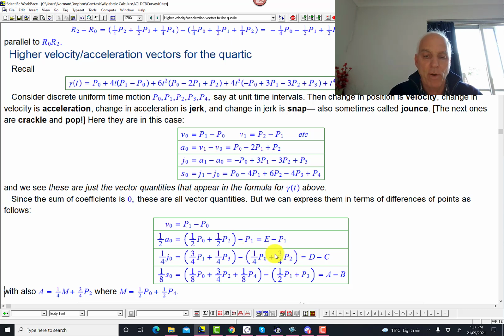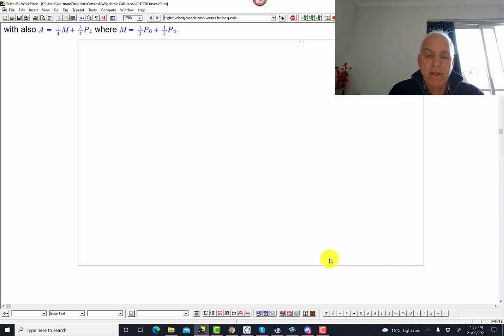I can think of that as a point because it's a sum with coefficients summing to 1. I can call this point D, say, and this point C, say. So now I've expressed 1/4 of the jerk J0 as a difference, D minus C. Let me show you now before I get to the snap.